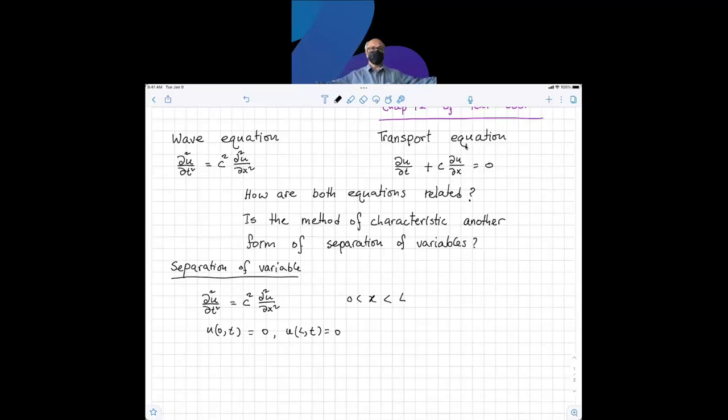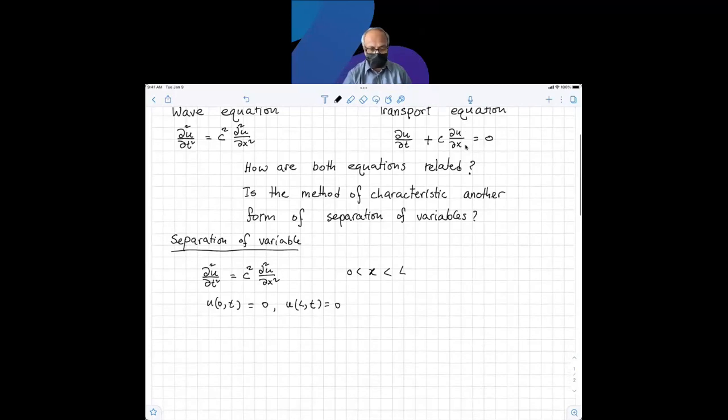Say if you have a string fixed on two ends, you can just look at it like that. If this is an elastic material, you could just pull it and then it will vibrate. Okay, so this is one way of looking at it. And now I have a second derivative in time, so I will need two conditions on time.